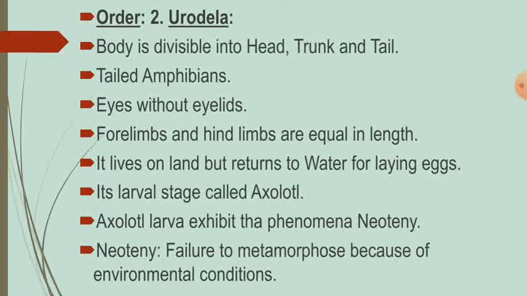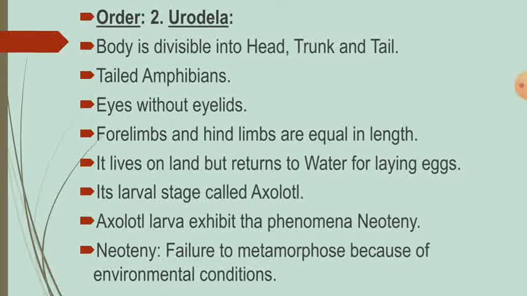On the surface of the body of Urodela, the skin is scaleless and smooth. Coming to the head region, the skull is poorly ossified, and the eyes are small and have eyelids in land forms. The middle ear is absent and there are no sensory tentacles on the head.